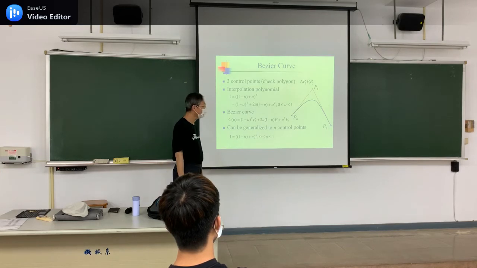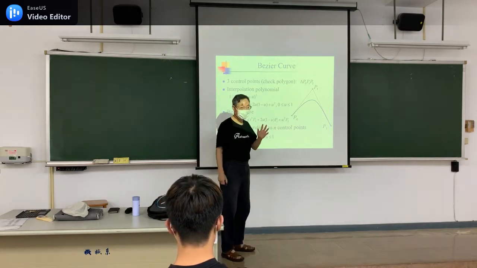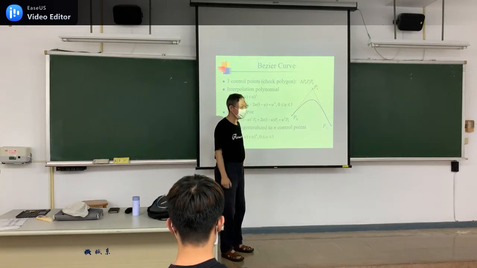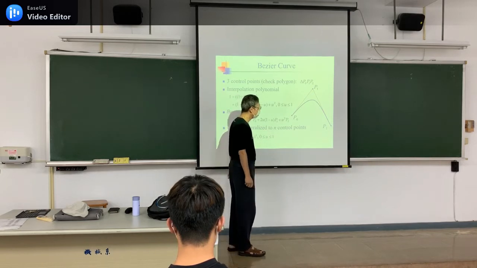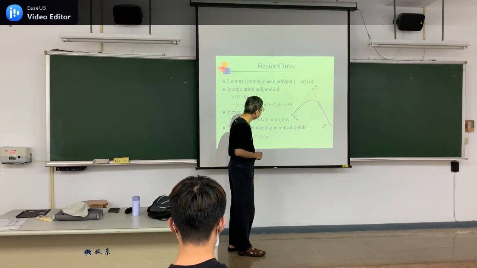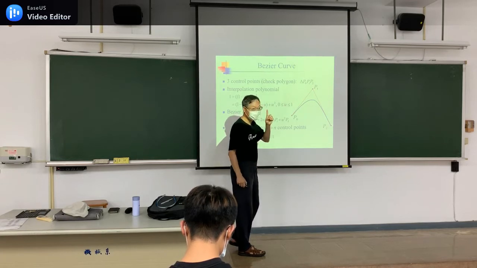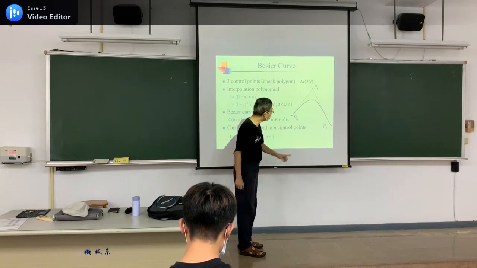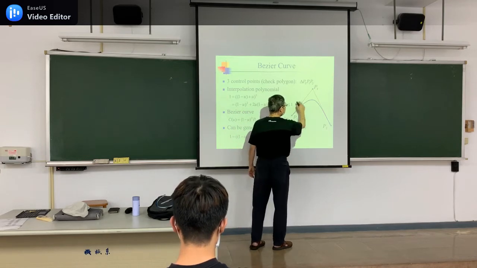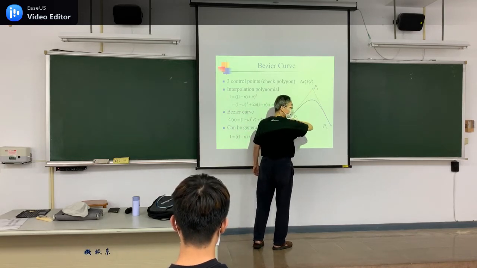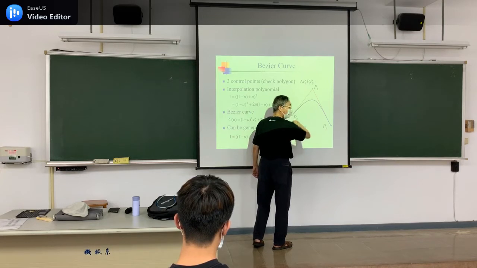From Bezier. He wants to create a curve which starts at the point P0, goes near P1 and goes to P2. He wants to construct a curve which follows this way.